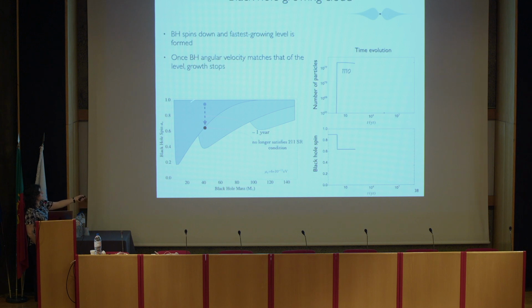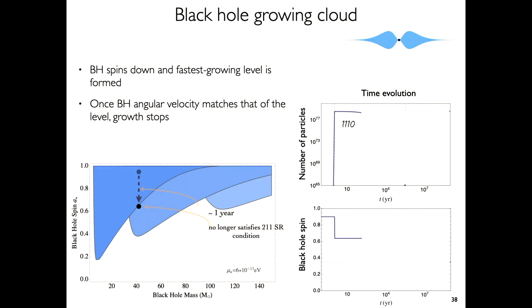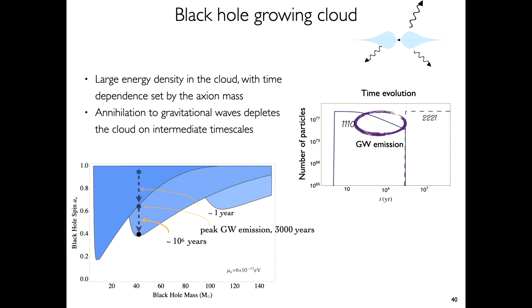So if you have a fairly high spinning black hole, these blue regions indicate where this black hole satisfies the superradiance condition. And if it satisfies the superradiance condition at birth, it'll drop down in some amount of time. For the parameters I've picked here, it's about a year. And you can see on the right-hand side, the number of particles in the cloud grows exponentially and reaches a plateau, and the spin takes a drop in the last e-fold of growth.